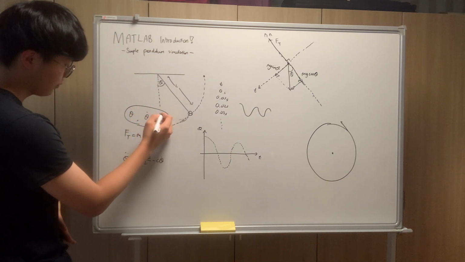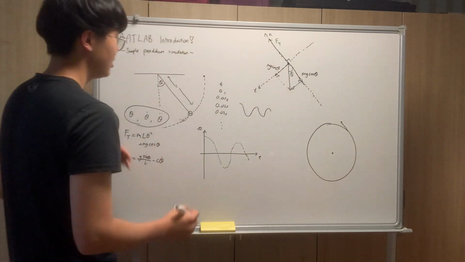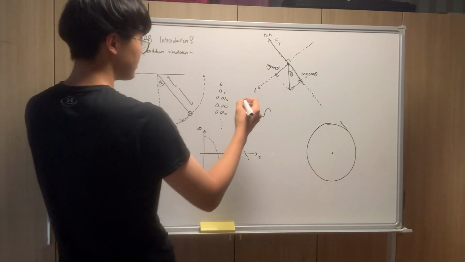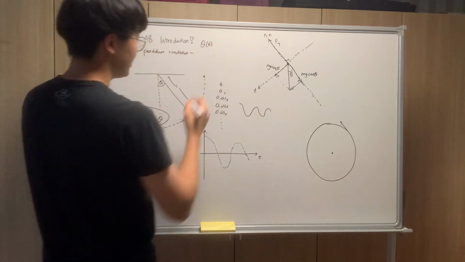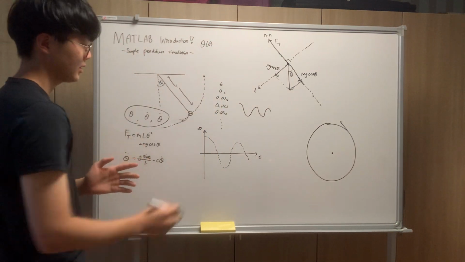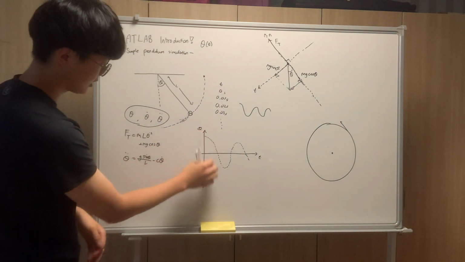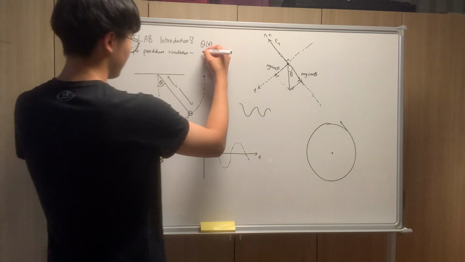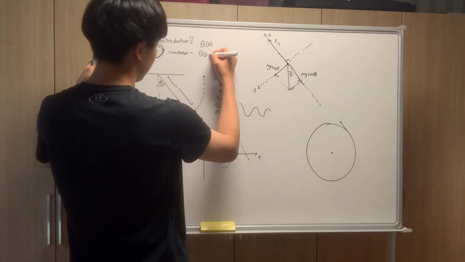As long as we know theta double prime, which is the angular acceleration, we could define theta as a function of time. So we're going to input all of these discrete time values and get a result. For example, let's say we have to calculate theta of 0.01.